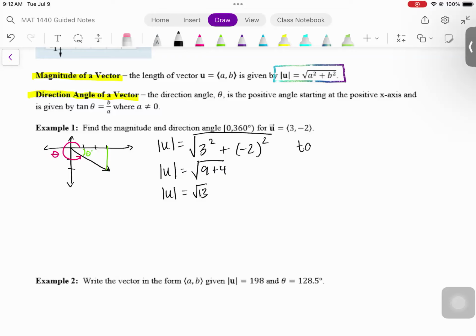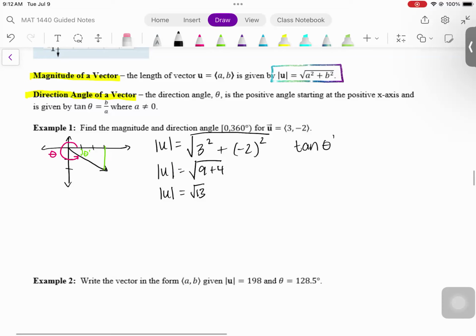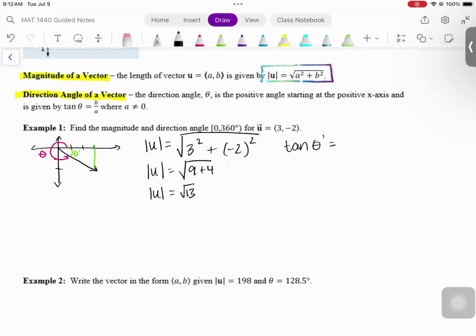So we're going to do tangent of theta prime is equal to opposite over adjacent. So that's going to be -2 over 3.